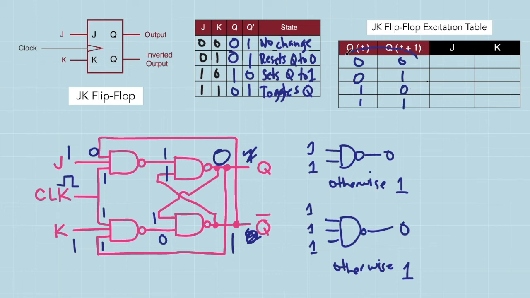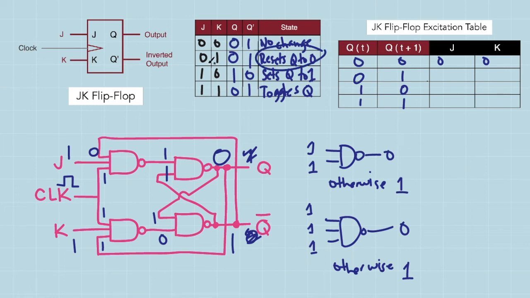So for this first case where the value of Q didn't change or it was set to 0 is given by this instance wherein there is no change in the value of Q. So I'm going to write 0, 0 here. Or this can also be a result wherein we try to reset the value of Q from 0 to 0.